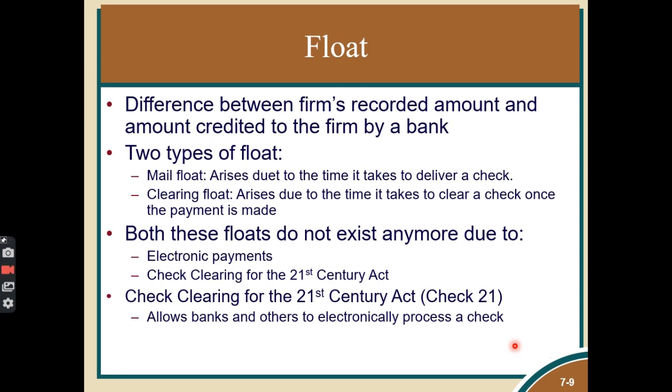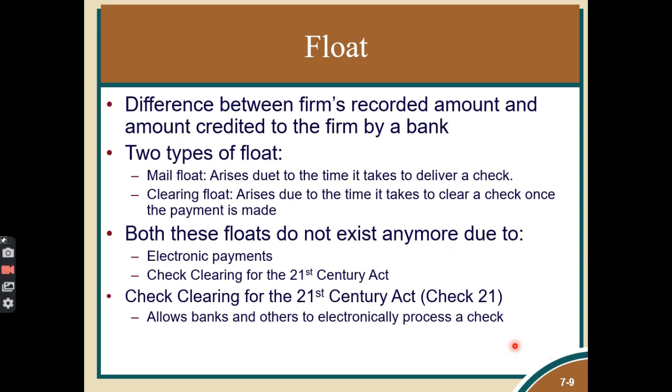The first is the mail float, meaning the delay caused by the time it takes for the check to be sent to us, or for the check that we issued to be delivered to the lender or the supplier.